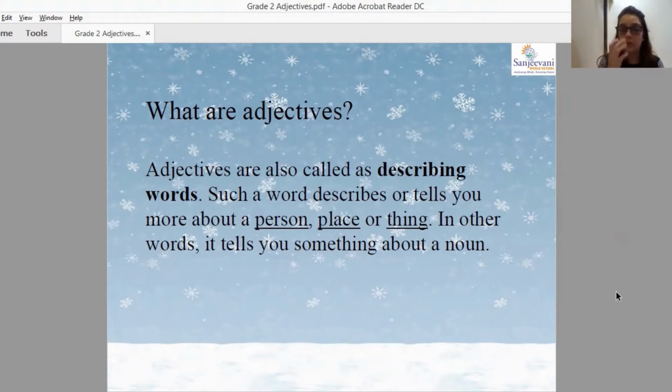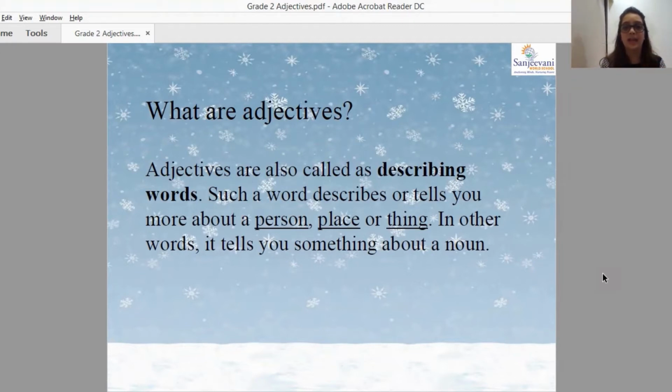Place: wow, look at the beautiful palace. The word beautiful is describing more about the palace. Thing: I showed you many examples of things. I showed you a book, I showed you a box. Pink book, pink box, that tells more about a particular thing.